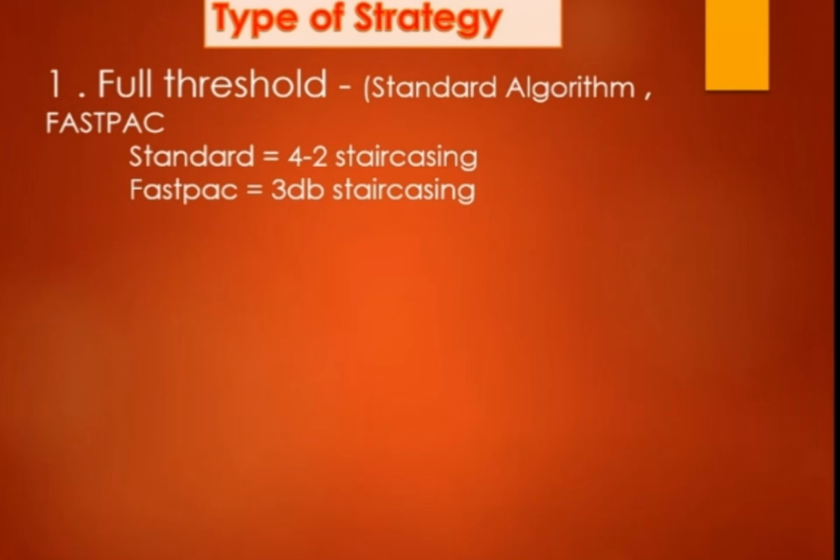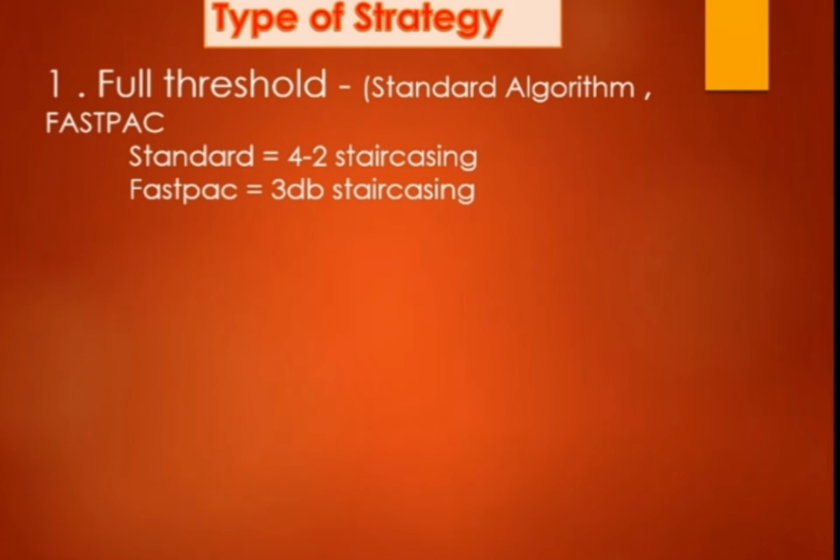If that retinal point captures the stimulus presented, the machine reduces the intensity by 4. If the retinal point still captures it, it now reduces it by 2. So that is what it means by 4-2 staircasing.